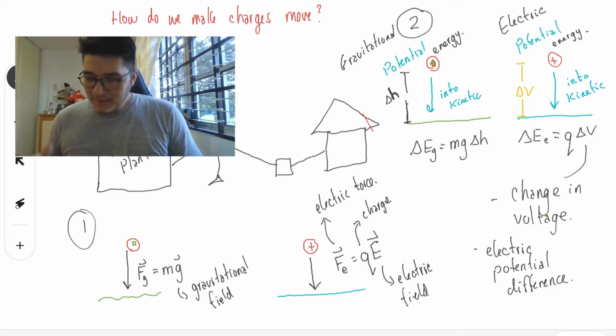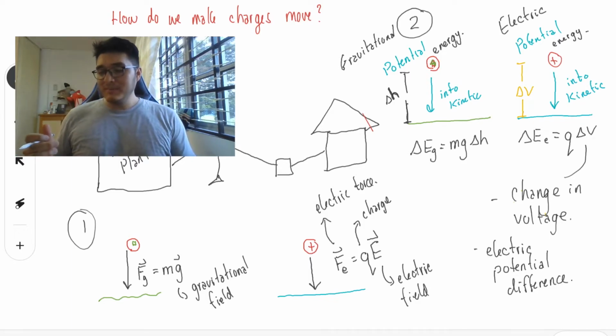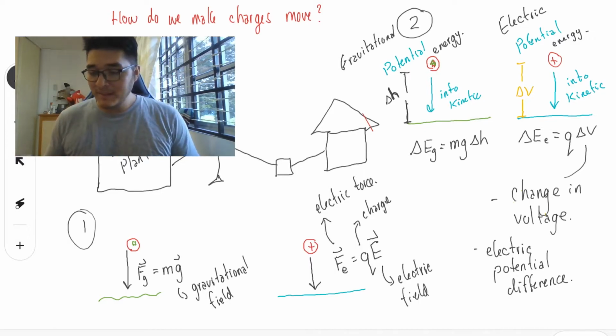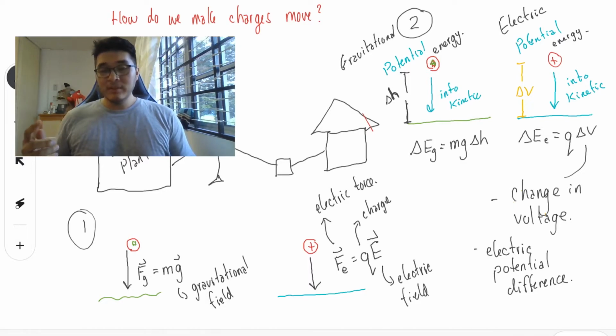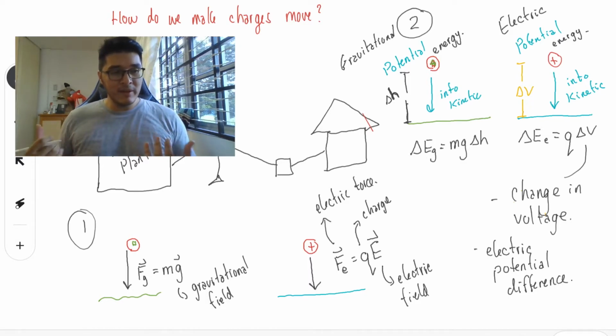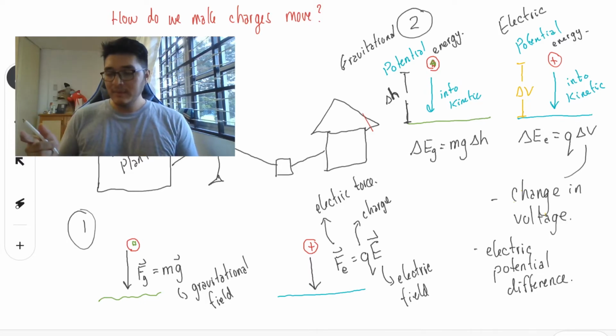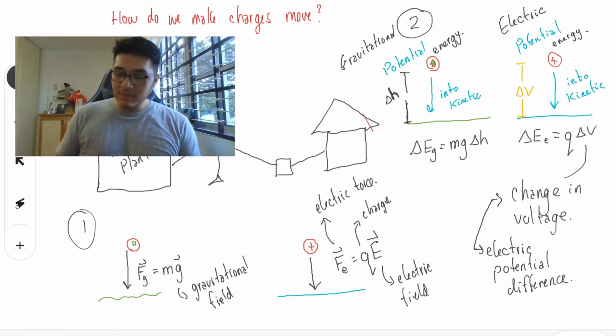All right, but let's talk about electric potential difference. Now, this is where it gets complicated. So the change in voltage, you have some familiarity with it because you were working with circuits before, so you know what the voltage is. Well, you never knew what it was, actually. You measured it. But in physics, we call this the electric potential difference.